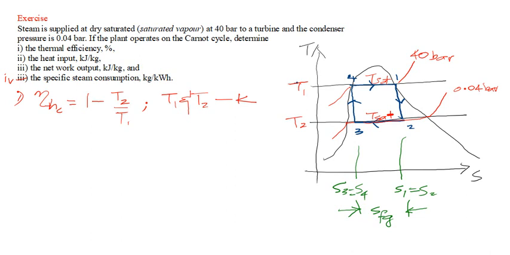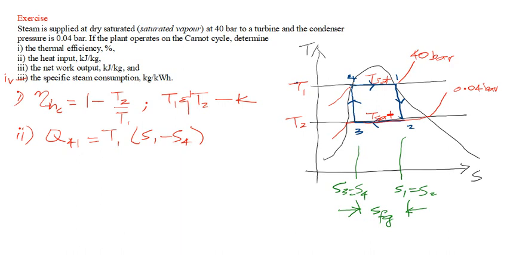And to get the heat input, number 2, we are going to use the entropy change concept, which is Q41, equal to T1 times S1 minus S4. Again, the T should be in Kelvin. So that's how you get the heat input.